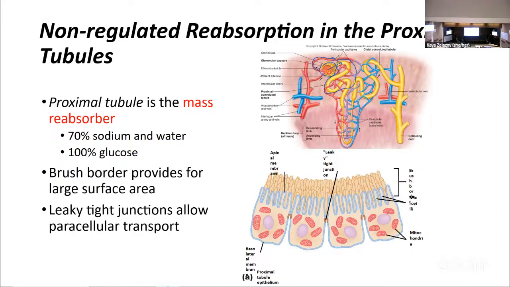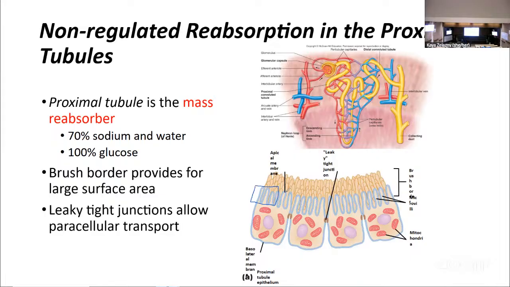So when we look at the cells that line this region, we're going to see that they look a very specific way. Okay, so we can see how up here on top, it's kind of fuzzy looking. It's got all these fingers. So this is our apical membrane, apex meaning top. This is the part that's going to be facing the fluid, so facing the filtrate, facing that future urine.